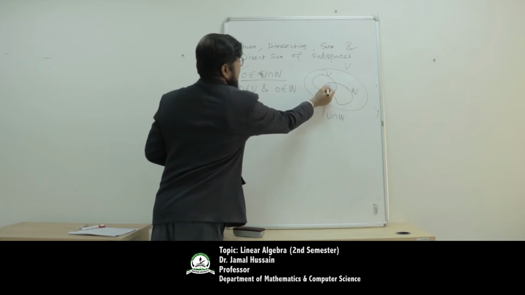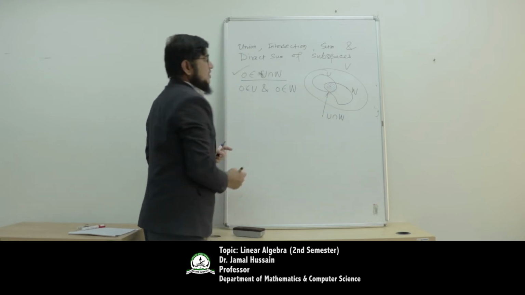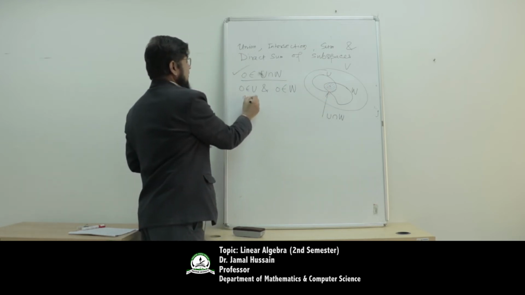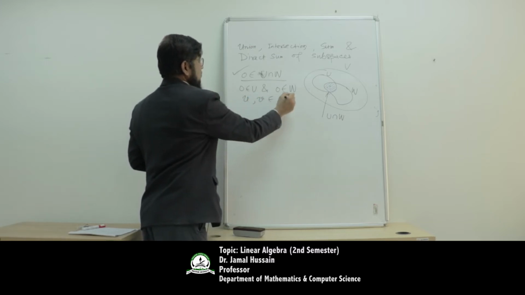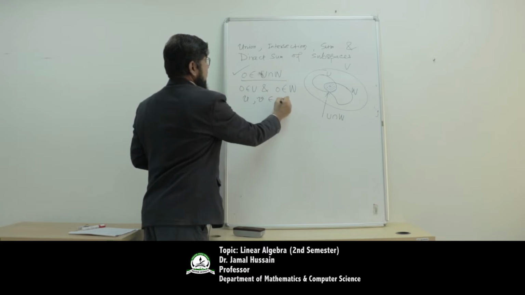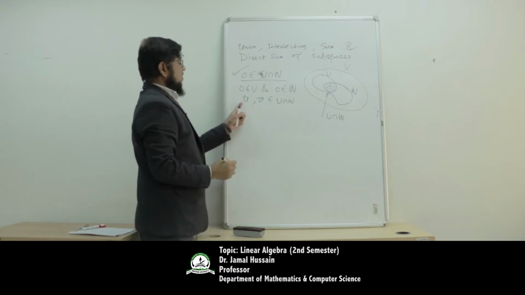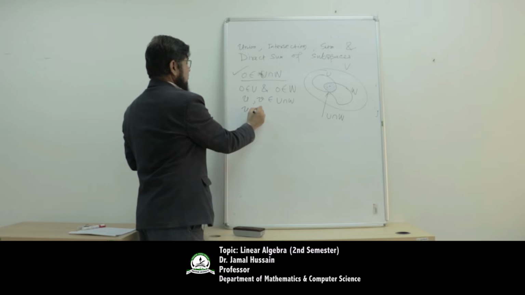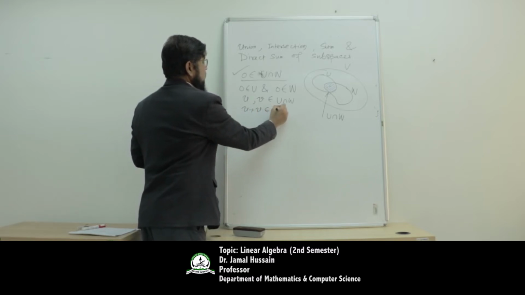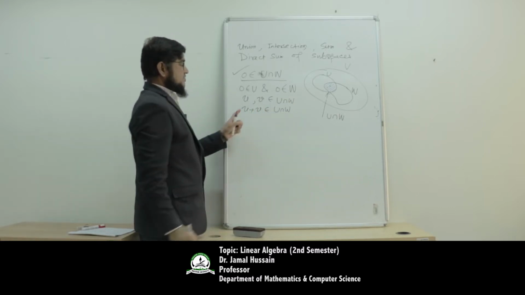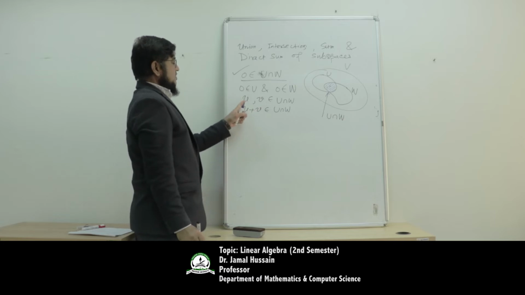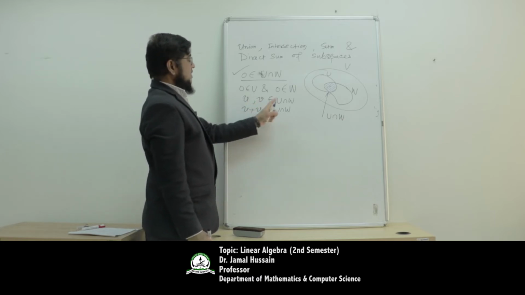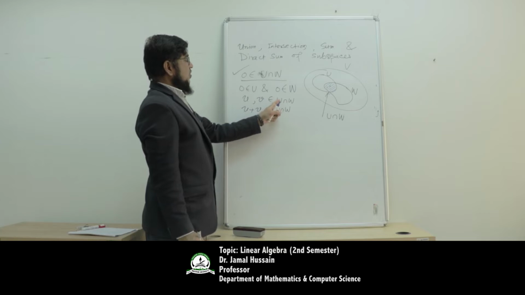And then if I take any two elements here, if U and V belong to the intersection U intersection W, then I can show that their sum also belongs to U intersection W. It's very easy because U and V in the intersection means they are in both.